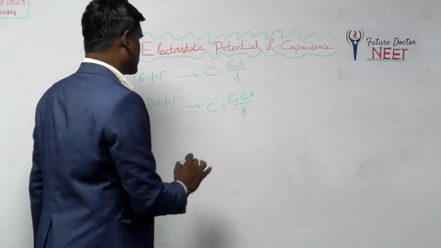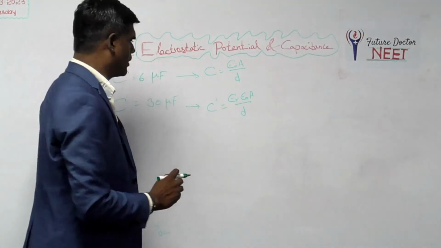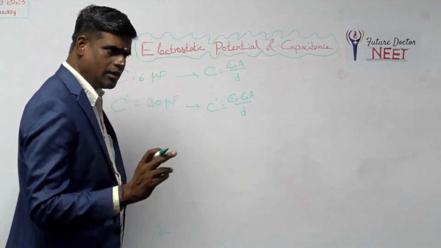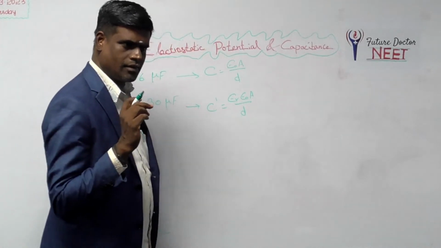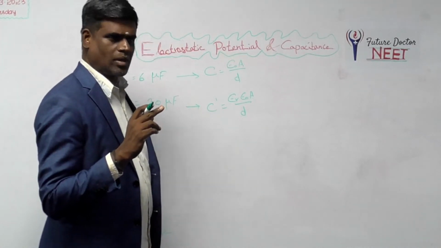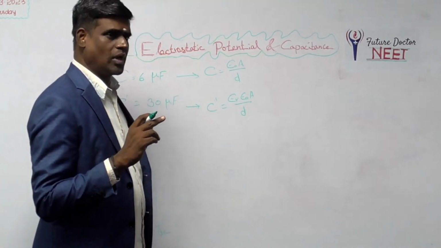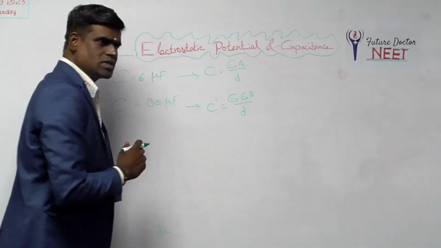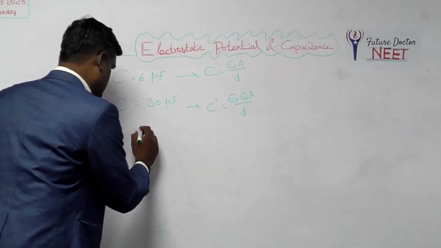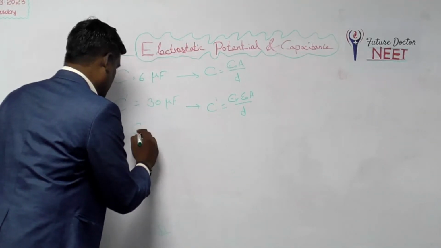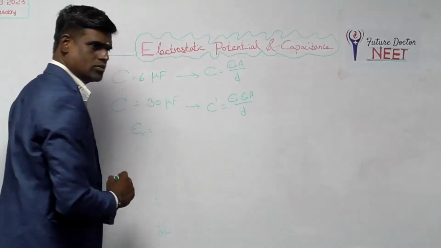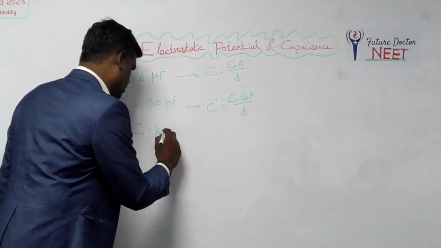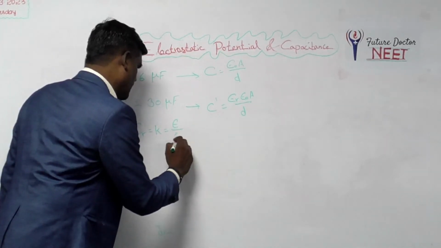Using this, you want to find the permittivity of the medium. What is permittivity of medium? I think yesterday in class I said, epsilon r or K equal to epsilon by epsilon naught.